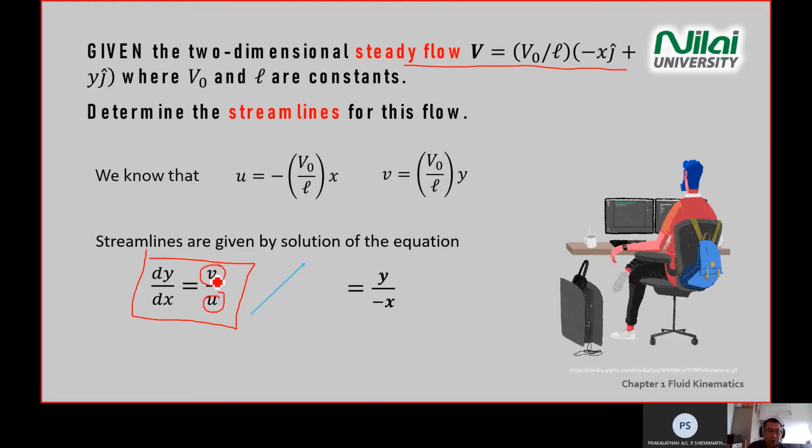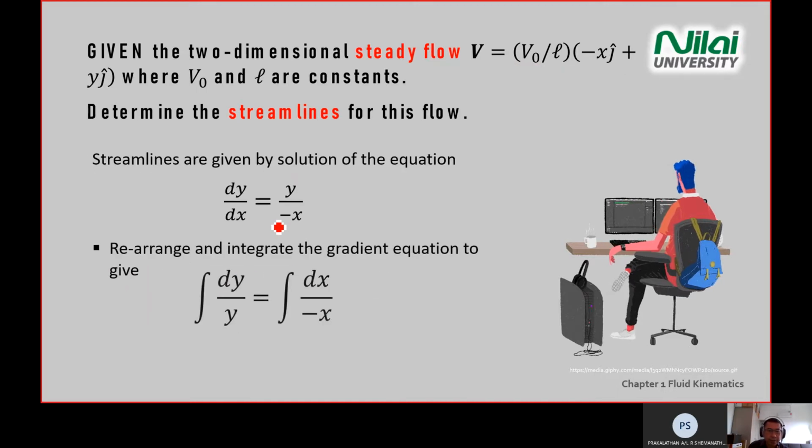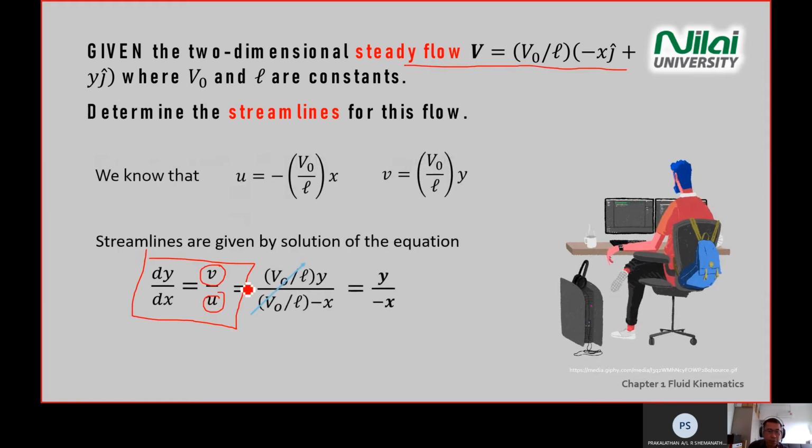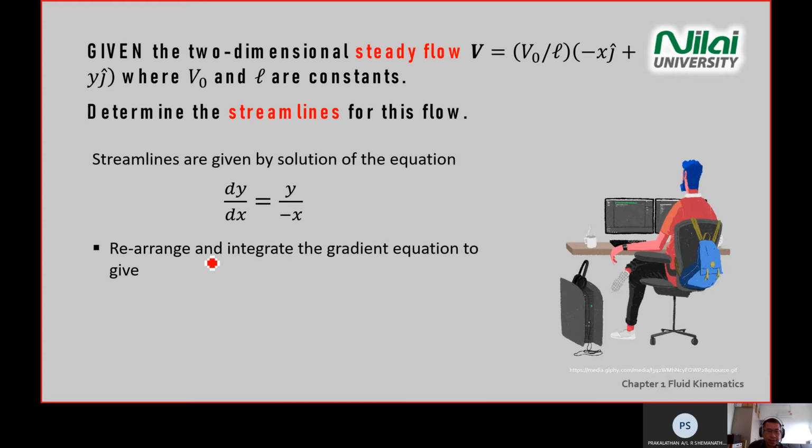So you just need to find out v and u, and this is a two-dimensional analysis, we look at the x and y components. After you have dy dx equal to v divided by u, substitute everything, simplify, then you'll get something x, something y. Normally it will not be the same, because the answer here will follow the given velocity vector.